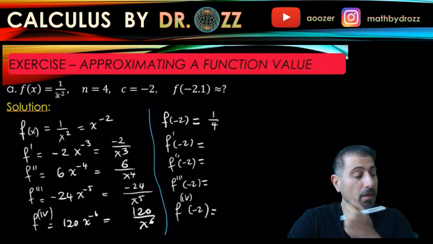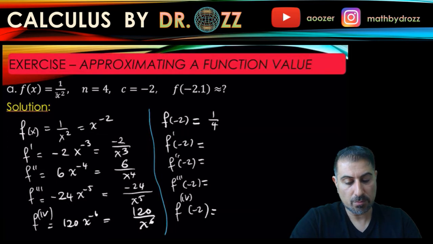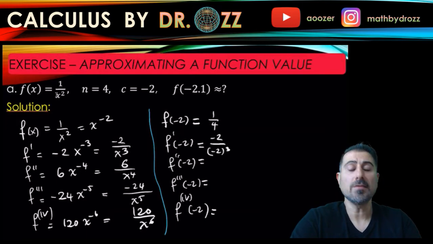Okay. And f prime at -2, let's write it, -2 over -2 cubed. Okay, -2 cubed is -8. So -2 divided by that is 1/4.